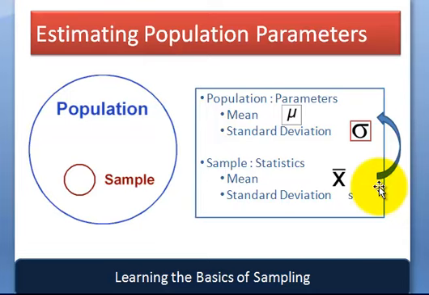So the mean is represented by X bar, the standard deviation by a small s, and they're all being used to try to predict population parameters. Parameters talk about the population, statistics talk about the sample. So the parameter mean is mu and the standard deviation has a different symbol, but the thing to remember is parameters are the population, statistics are the sample.